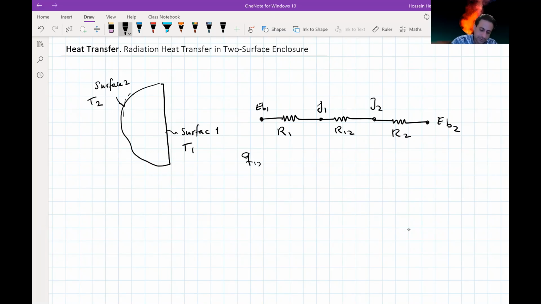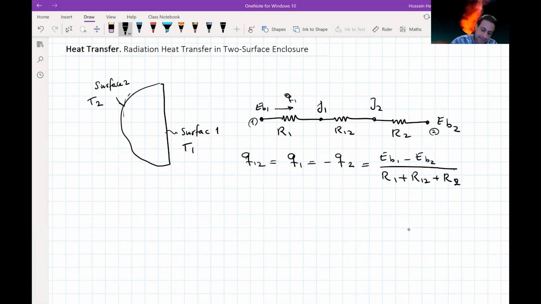Now Q12 is equal to Q1, let's say this is Q1, this is point 1, then this is point 2, equal to minus Q2, and it's going to be the difference between them, EB1 minus EB2, divided by the surface resistance of R1, space resistance of R12, of R2.